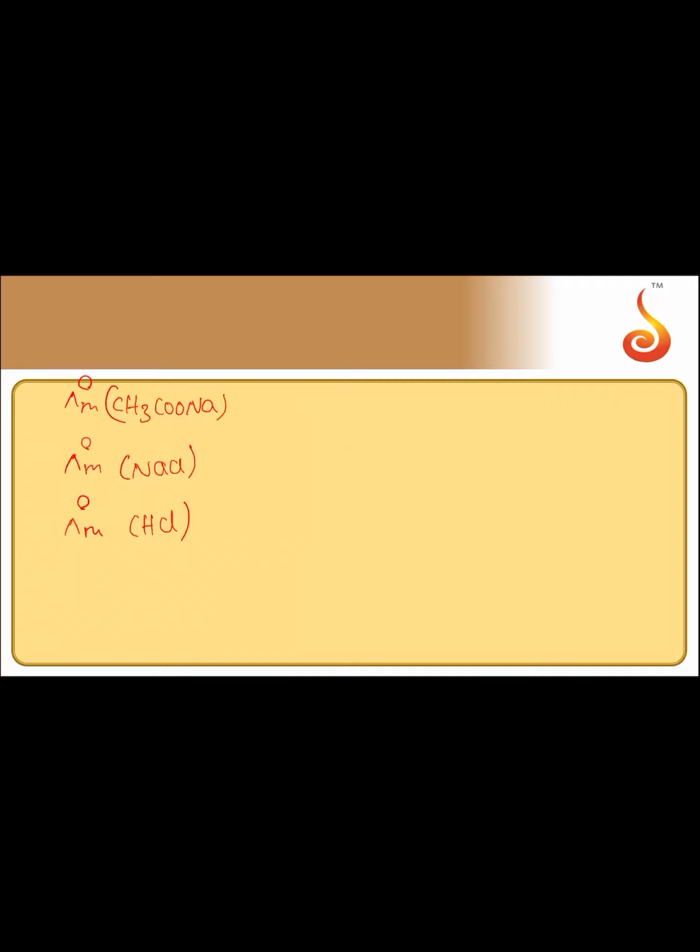First identify that. NaCl is having two common ions. Na is a common ion with respect to CH3COONa. Cl is a common ion with respect to HCl. So the one having two common ions, that should be subtracted from the lambda m naught values of the CH3COONa and HCl to calculate the lambda m naught value of acetic acid.